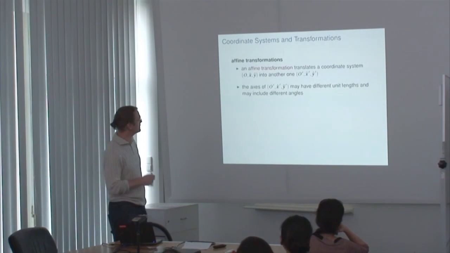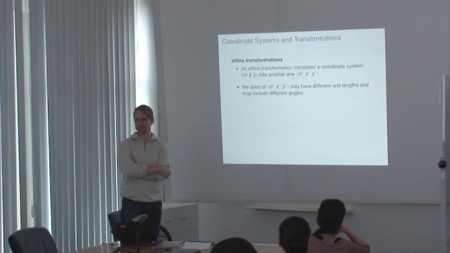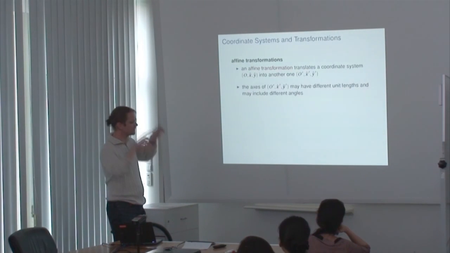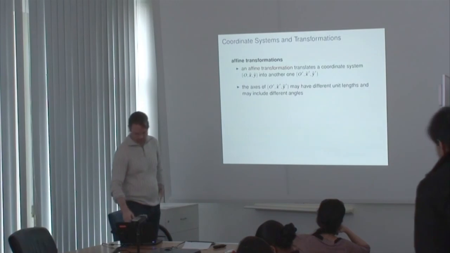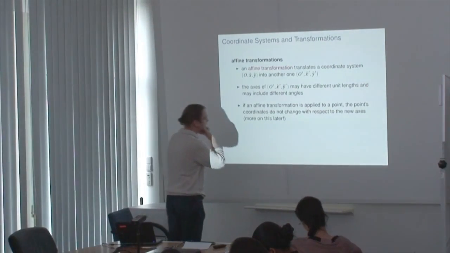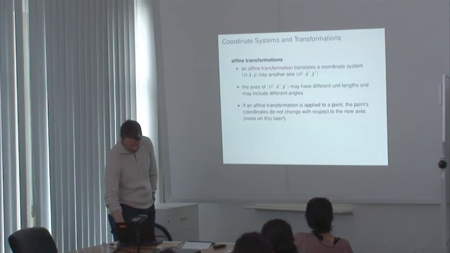And again, these coordinate systems do not have to be Cartesian systems. They may be any kind of coordinate system, that is, they may have different ideas of unit lengths, and they might be oblique. And yeah, well, I'll skip that. We'll come back to that later, much later.